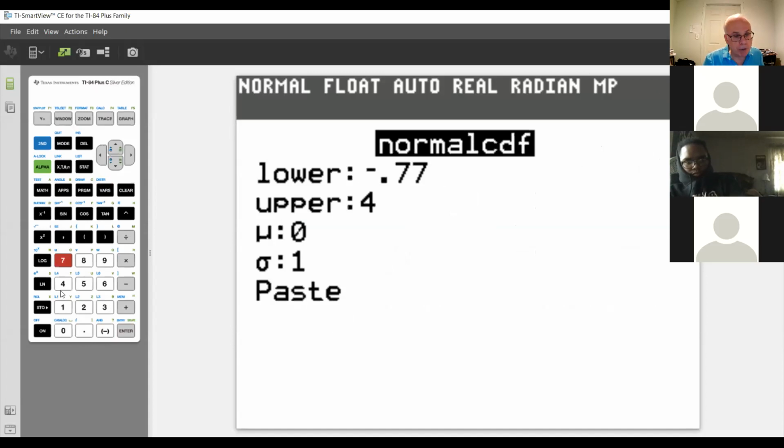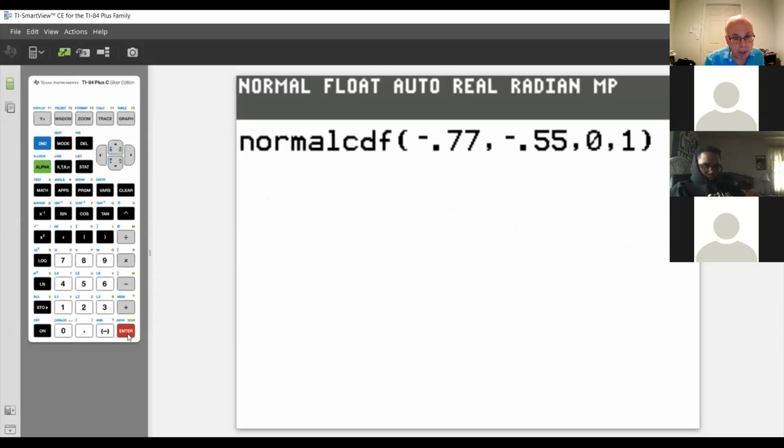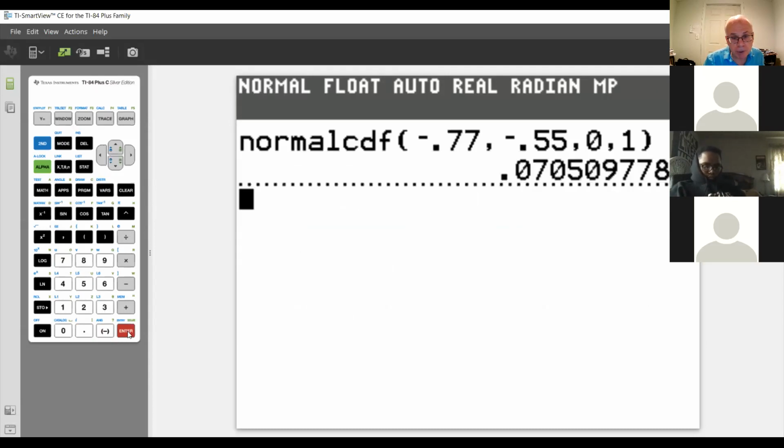Notice the upper endpoint is also to the left of the mean. It's negative 0.55. Scroll all the way down, hit enter, as you do with the 83 calculator. That's what you would enter. And it's around 7%, 0.0705, or more than 7% of the area is between those two values.